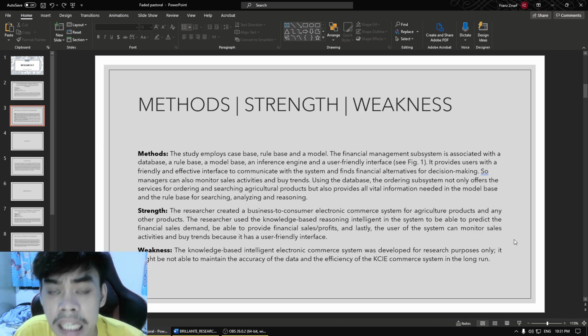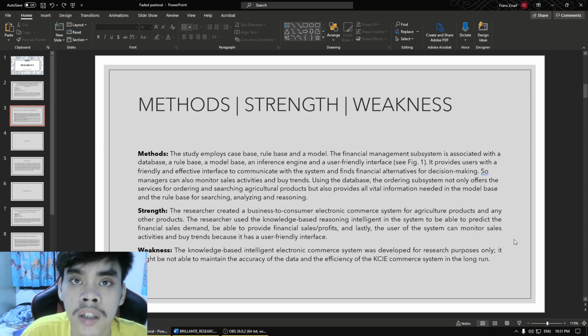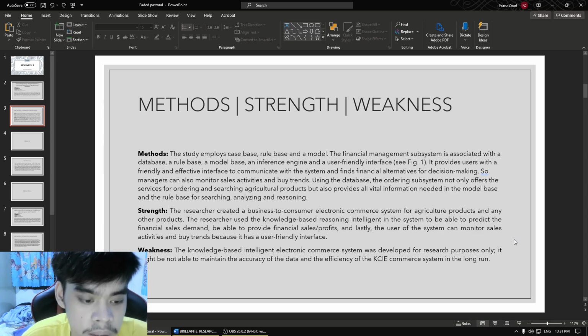This AI can really help the system to easily gather the data and to display the data with solutions for future use. And the weakness here is that the knowledge-based intelligent commerce system was developed for research purposes only, so it might not be able to maintain the accuracy or the efficiency of the data and the system as well.